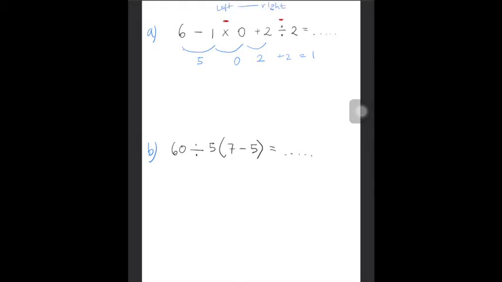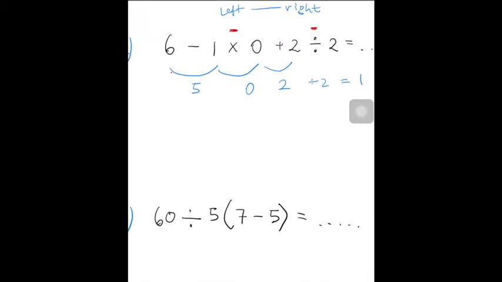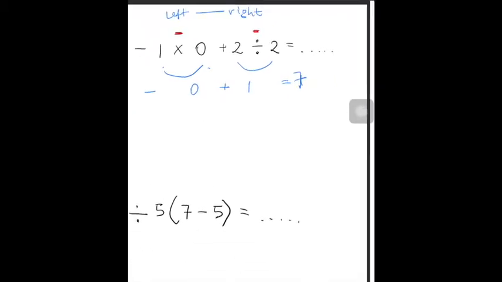So 1 multiplied by 0 is 0, and 2 divided by 2 is 1. So we go from here, 6 minus 0 is 6, plus 1 is 7. So this is the correct answer.